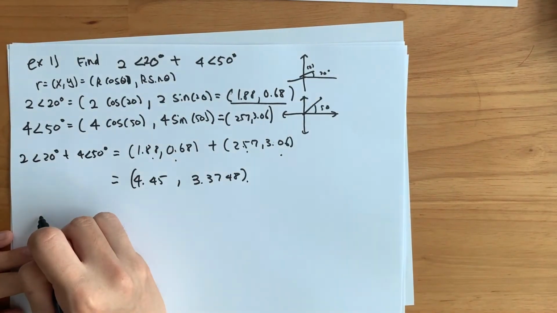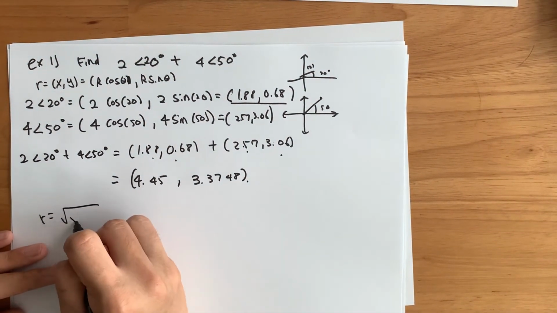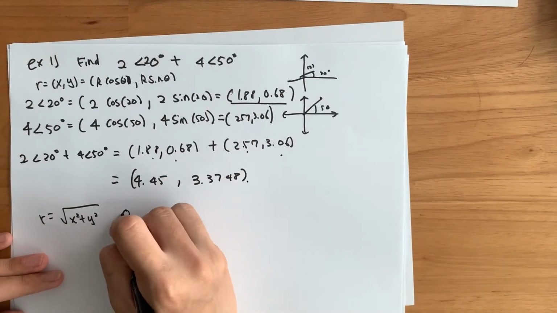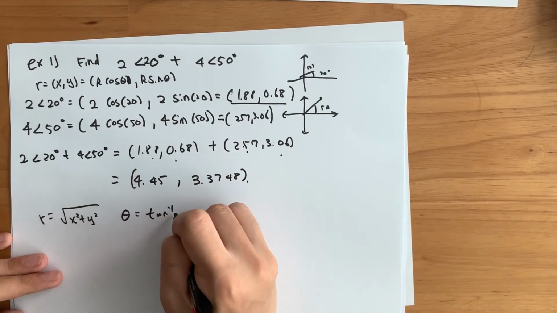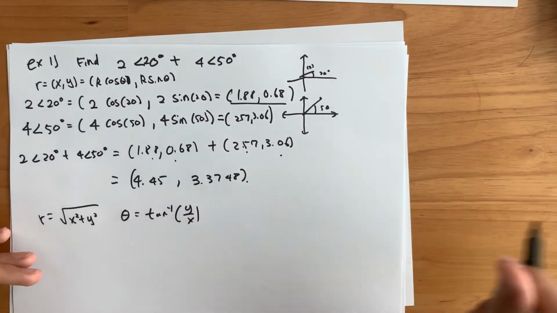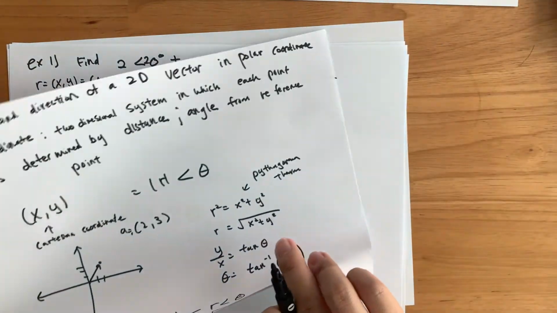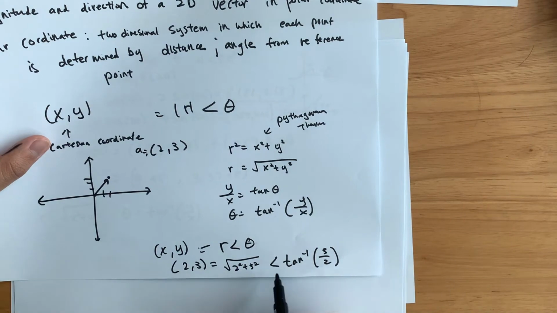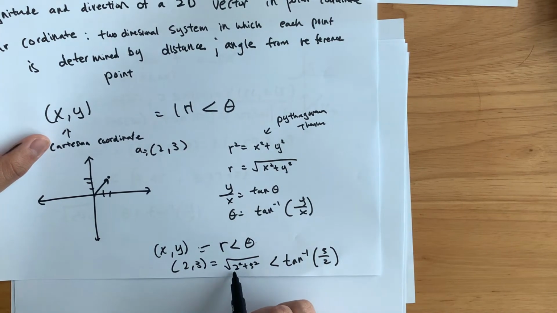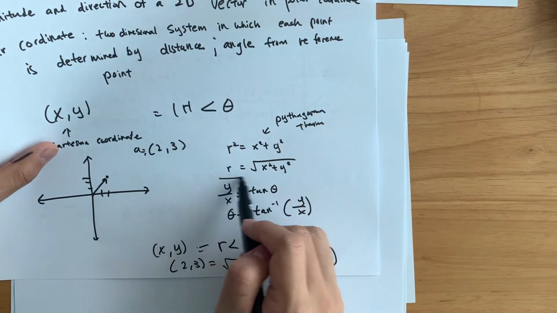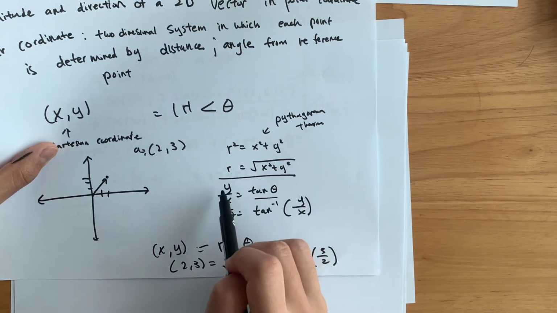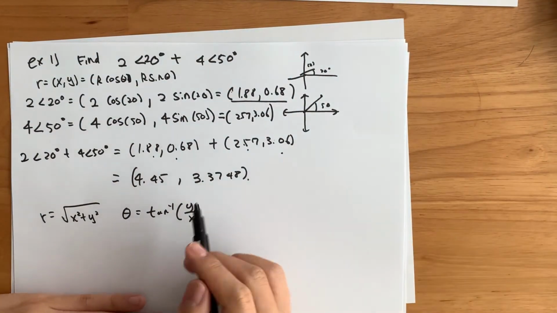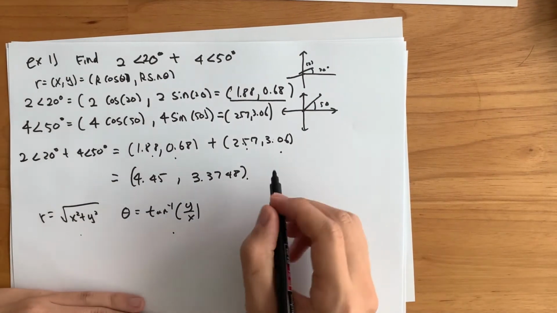And using that, we know that r is equal to the square root of x squared plus y squared with the Pythagorean theorem, and theta is inverse tangent of y over x, as I told you in this lecture. So you have to calculate this too, right?